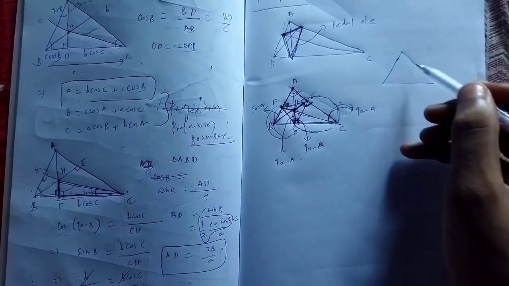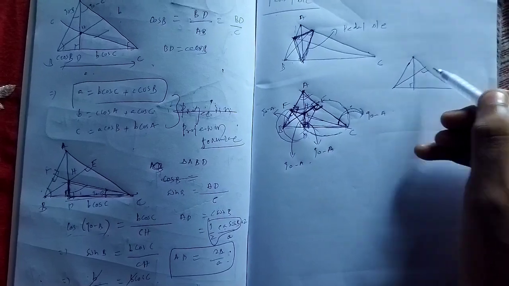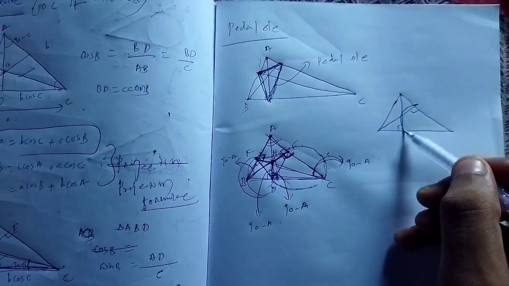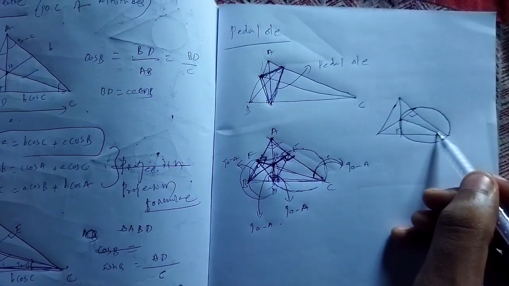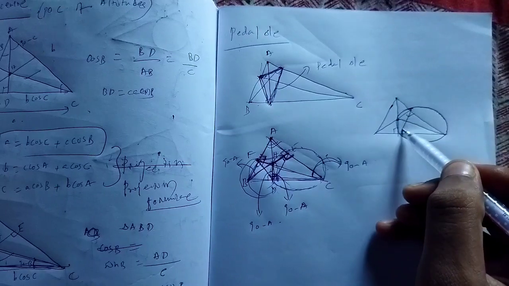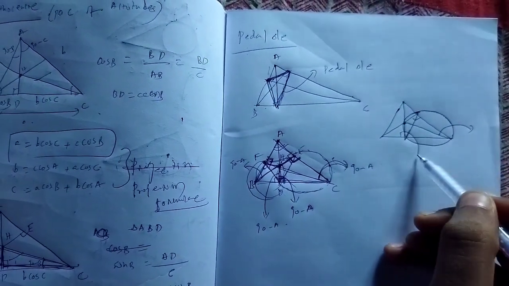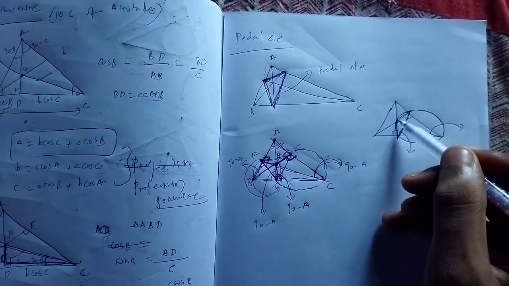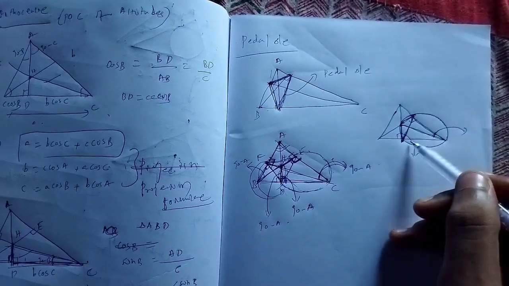I can tell it with a bit more clarity, right? This is a cyclic quadrilateral, so a circle can pass through it. In this cyclic quadrilateral, this angle and this angle are equal. As it is a circle, angles lying in the same segment should be equal.